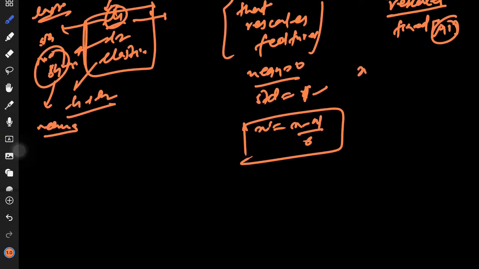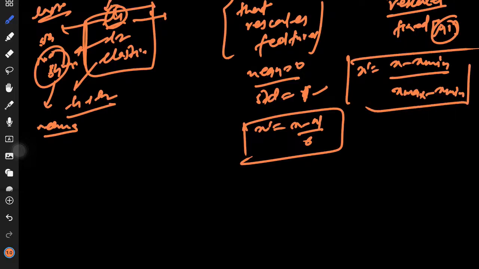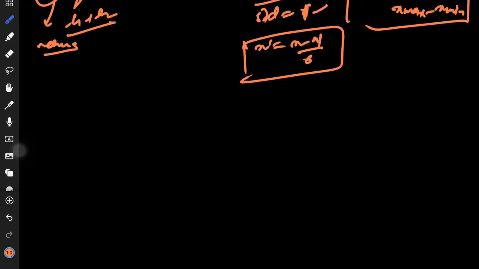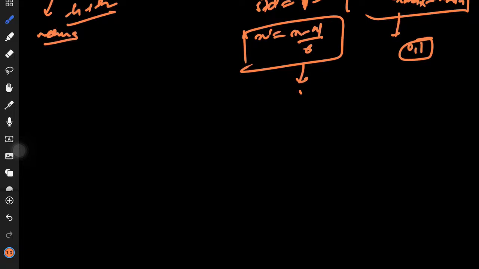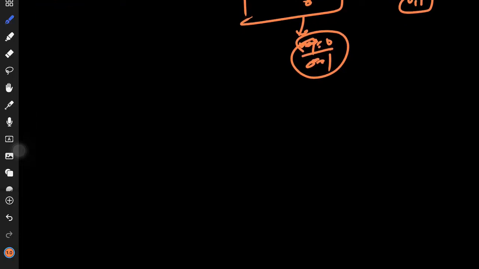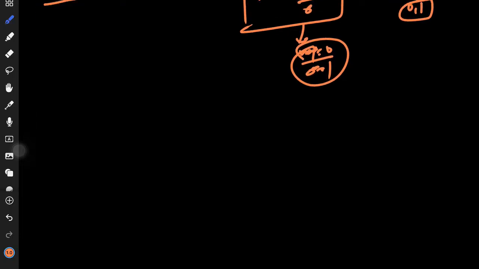The formula used is x minus x minimum, divided by x max minus x minimum. So this is a normalization technique. Here we rescale our features between 0 and 1, and in standardization we rescale our features so that their mean is 0 and standard deviation is 1. Okay.